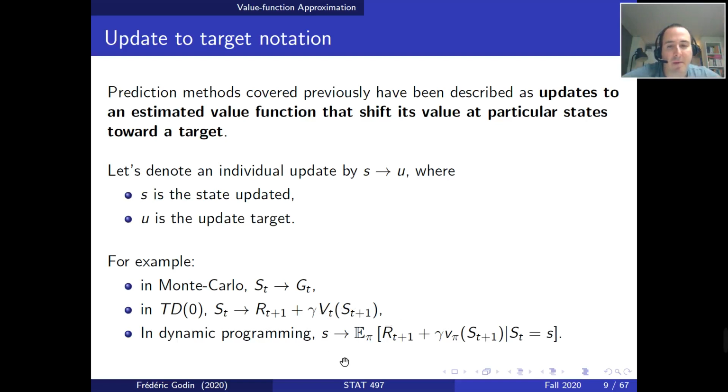For dynamic programming methods, we had algorithms of the following form.